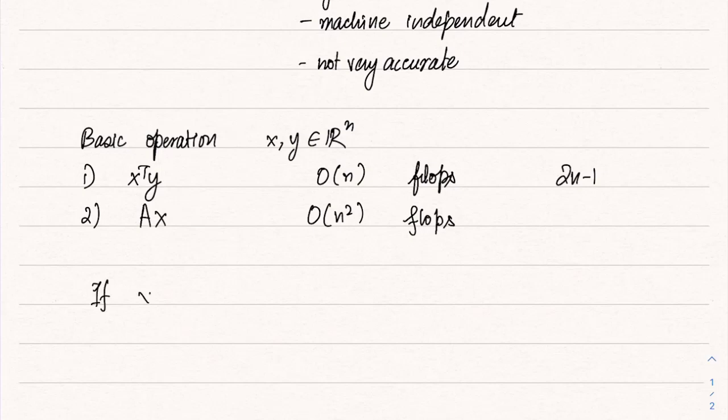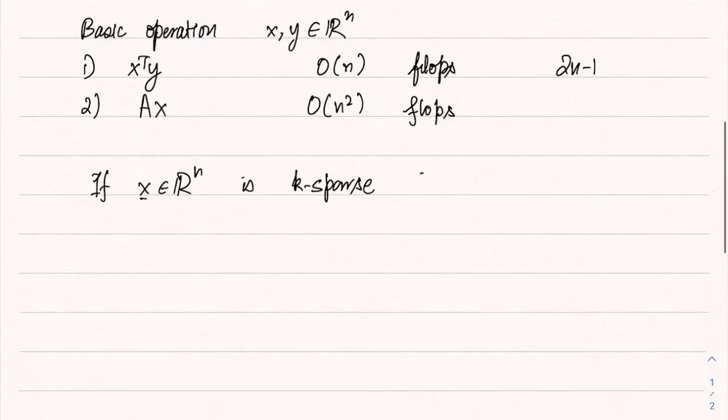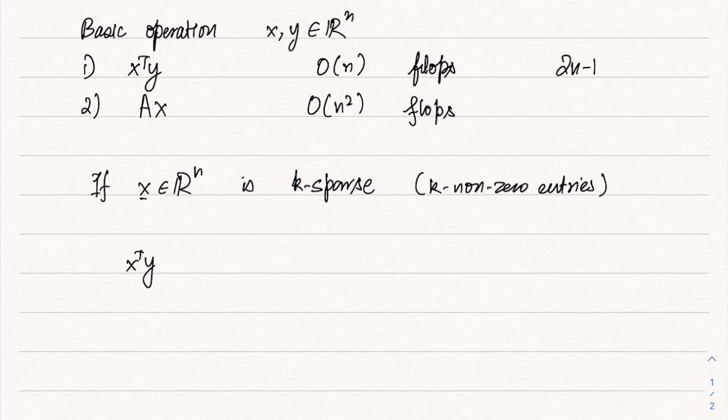So if vector x in Rn is k sparse, or it has k non-zero entries, how can we calculate x transpose y faster?